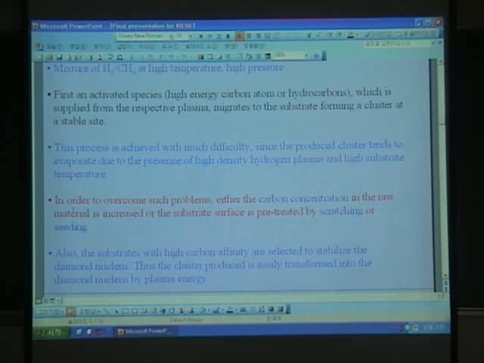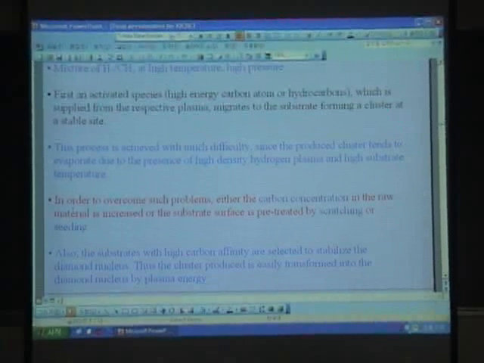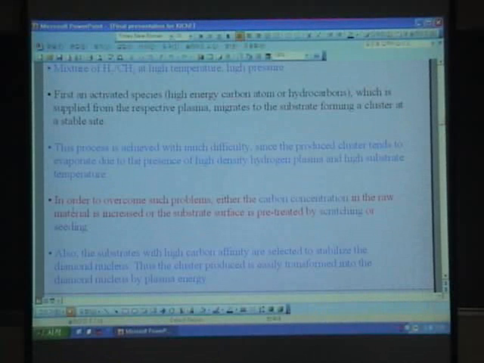So here atomic hydrogen plays 3 roles. It reacts with the graphite phase, and by this we can remove the graphite phase from the substrate, and there will be a chance for clusters of diamond on the substrate.